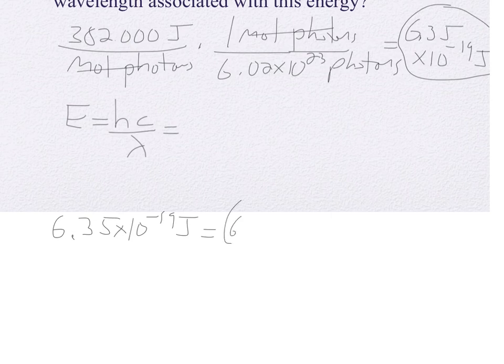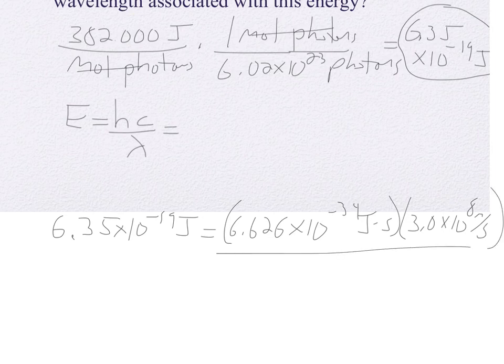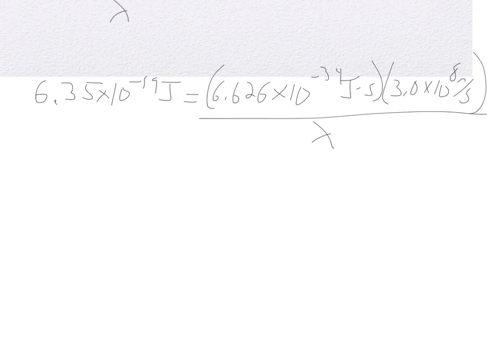Planck's constant, 6.626 times 10 to the negative 34th joule seconds. Speed of light, 3.0 times 10 to the 8th meters per second. That will give me a wavelength in meters. My wavelength then is going to come out to be 3.13 times 10 to the negative 7th meters.